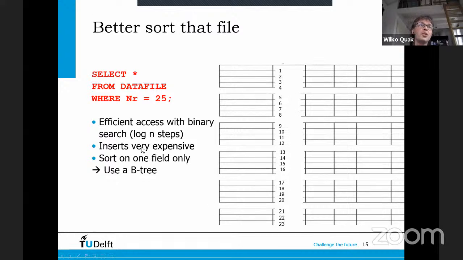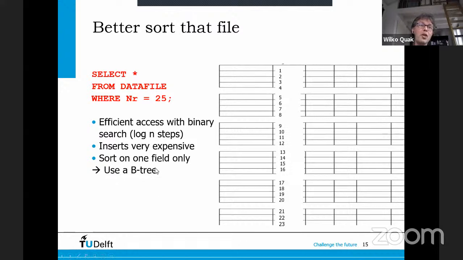But if you want to insert, it's going to be really expensive. If you want to insert the value 0, you basically have to move all the data one step down, and then you have a place to put the 0. So with sorted files in your database, searching is quite nice, and inserting is not so nice, or actually really bad.